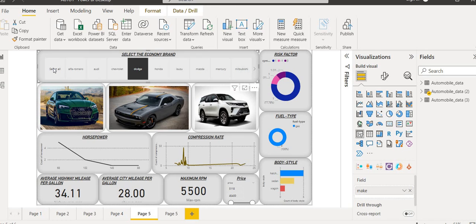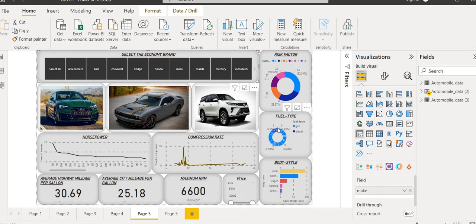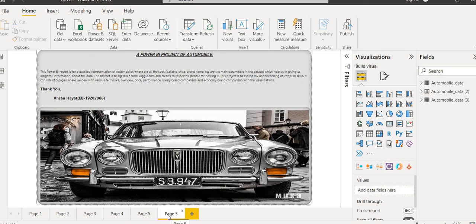Like we can select all, then it gives an average of all brands of highway mileage, city mileage, maximum RPM, price, body style, fuel type, risk factors of the brands. Now the last page is telling you that this project is the specified representation of the dataset in order to give you the required information of the car brands.